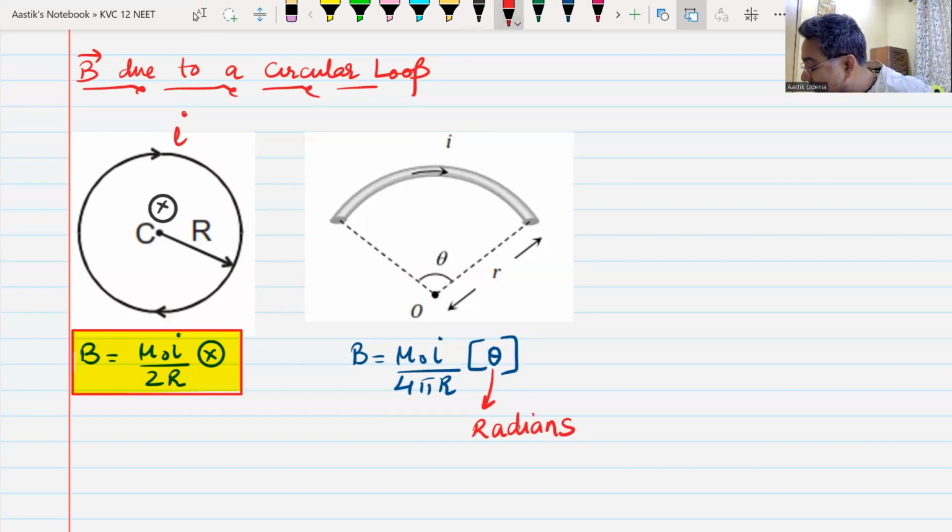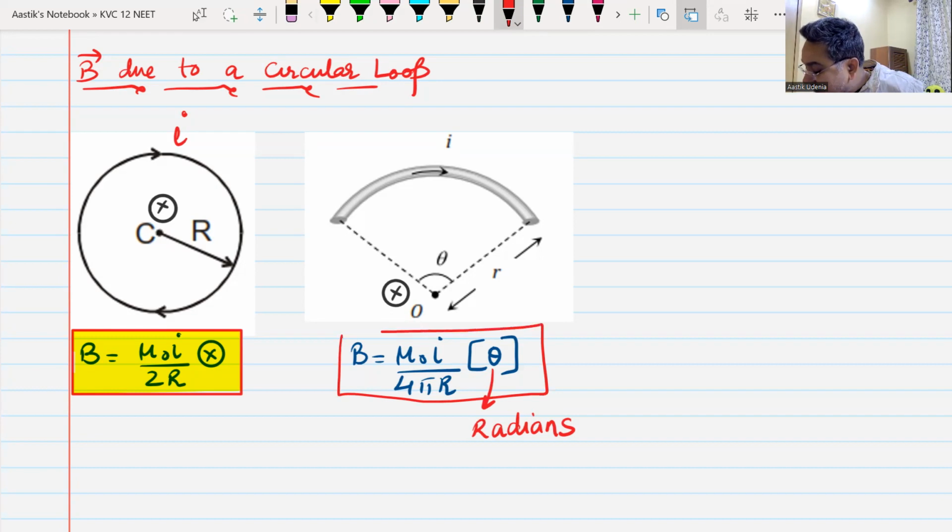This will be the magnetic field due to this current carrying circular arc. How will I get the direction of the magnetic field? Again, I turn my fingers. You can see this current is clockwise. I turn my fingers, my thumb is going inside. So the direction of the magnetic field would be inside.